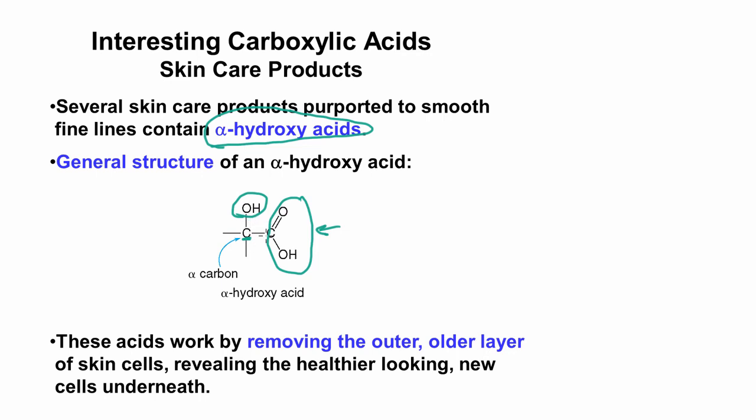So this is an alpha hydroxy acid. Basically, these are supposed to make you look beautiful. They remove the outer layer of the skin cells, hopefully revealing healthier skin cells underneath.